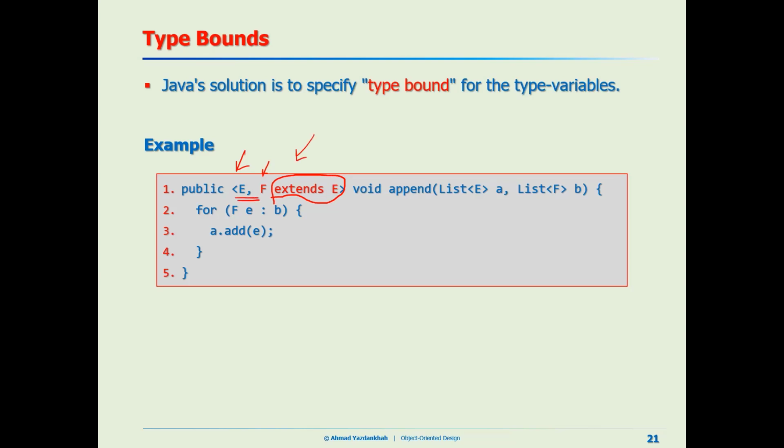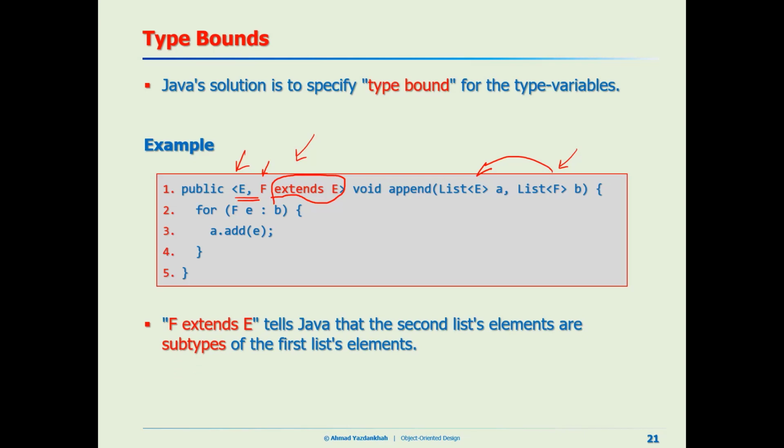When we say this, it means that we define F now as a subclass of E. So F extends E is equivalent to F is a subclass of E, or F inherits from E, and it shows clearly that there is a superclass-subclass relationship between F and E.